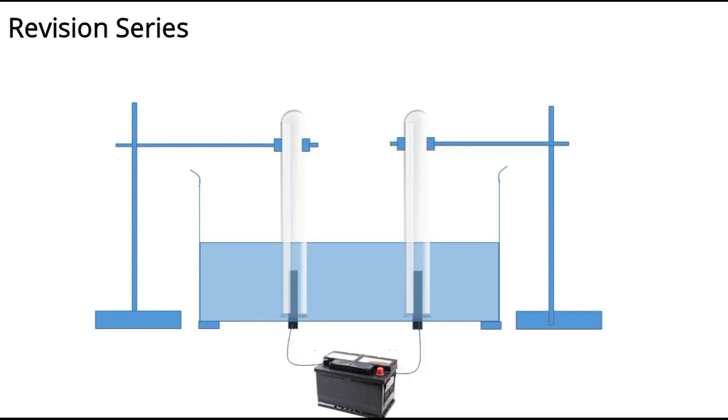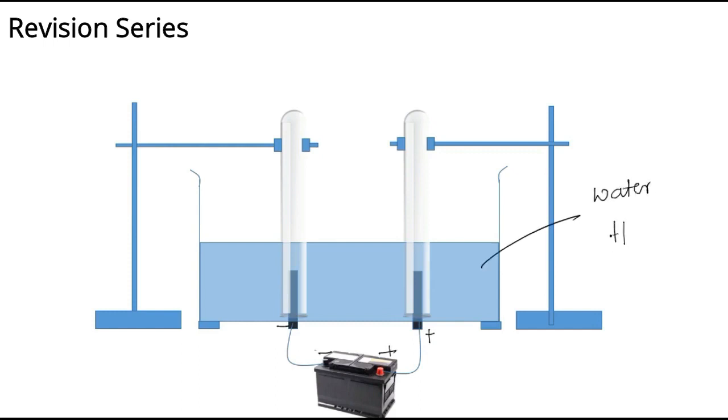The moment you connect this, you will find this is a positive terminal, right? And so this becomes positive and this is the negative terminal, this becomes negative. So we can call it the positive electrode and this the negative electrode, right? So what we have done, we have taken water here, and what is water?